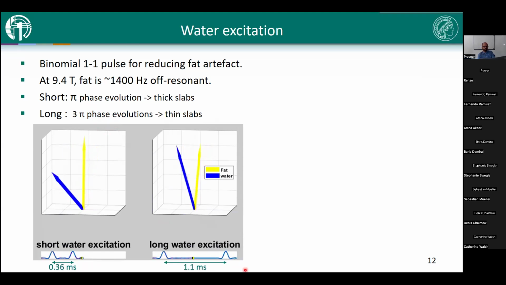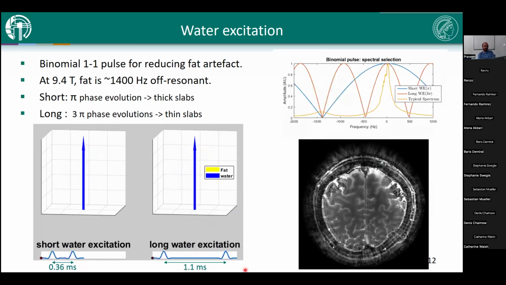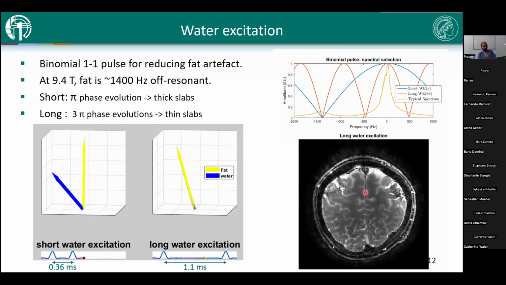And so you have a different frequency profile for different types of fat water excitation. And for a thin slab, we use a long water excitation. And we have a relatively long readout, so 6 milliseconds.